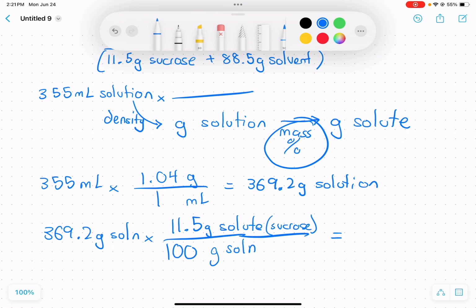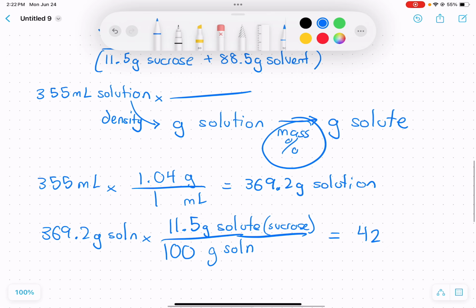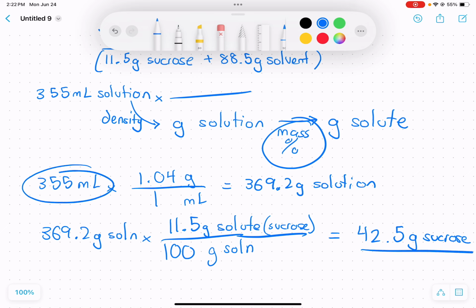So 369 times 11.5 divided by 100. Oops, messed that up in my calculator. One second. 11.5 divided by 100. Okay, so that is 42.5 grams of sucrose. So what we just answered was the grams of sucrose in 355 milliliters of the solution.